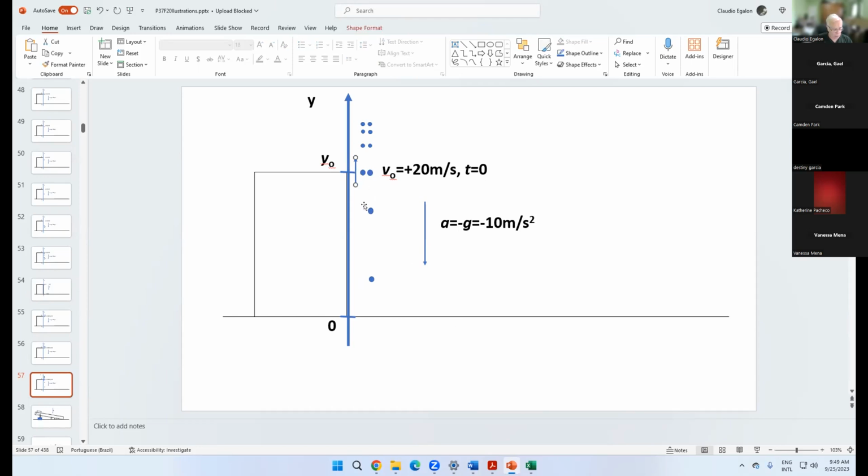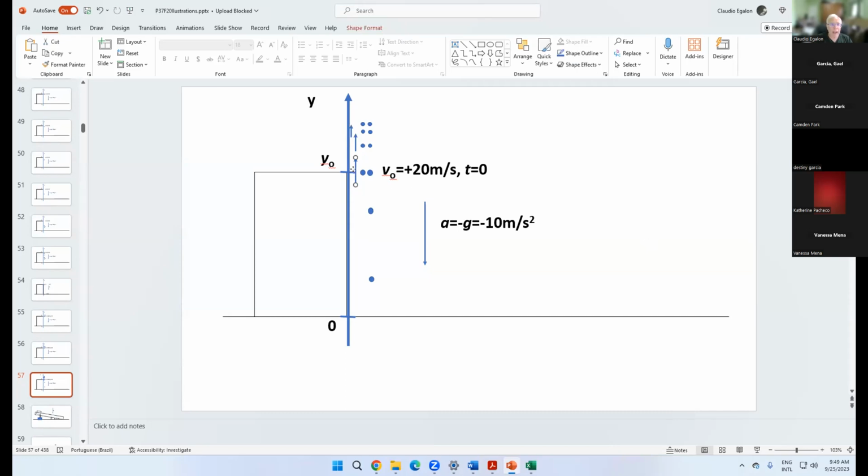This arrow here represents the velocity of the particle, right? As the particle moves up, the speed decreases, right? So we can represent it by this shorter arrow. The next arrow is going to be even shorter, right? That's a nice representation of the velocity.